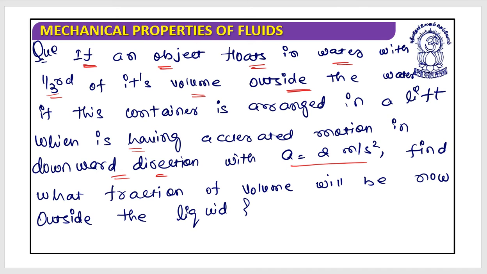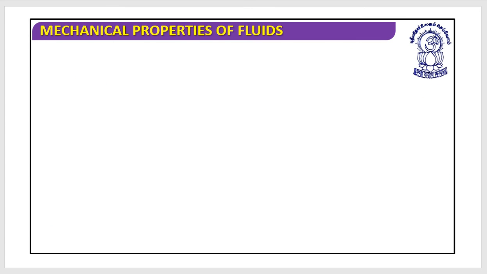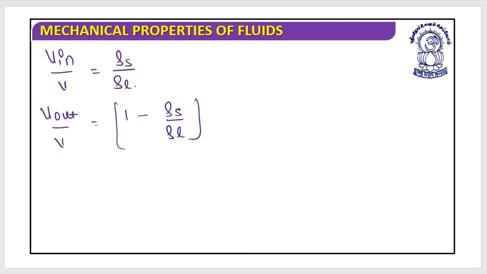We need to find what fraction of volume will now be outside the liquid. What I understand is that V in by V equals density of solid divided by density of liquid, and from this I can have V out by V equals 1 minus density of solid divided by density of liquid.